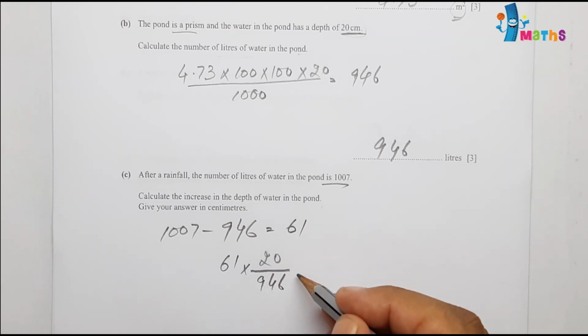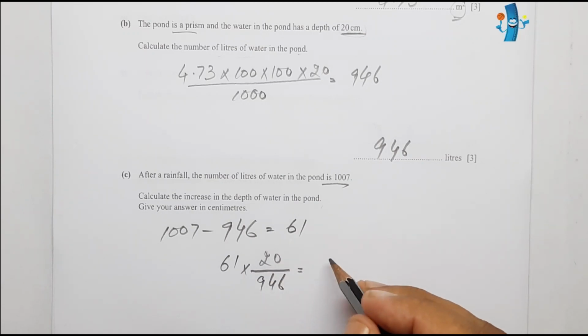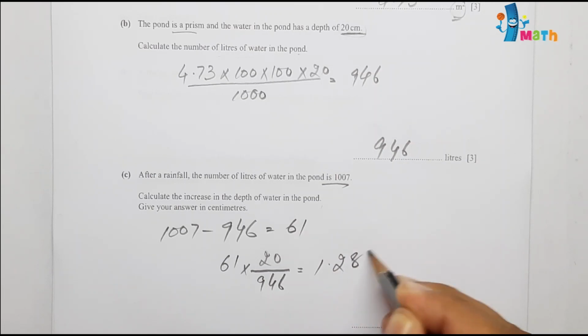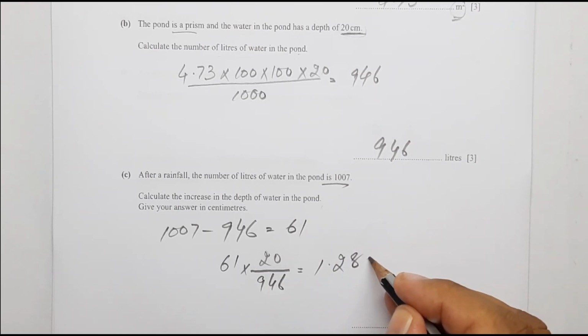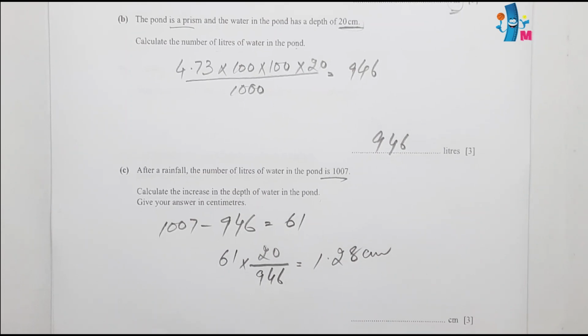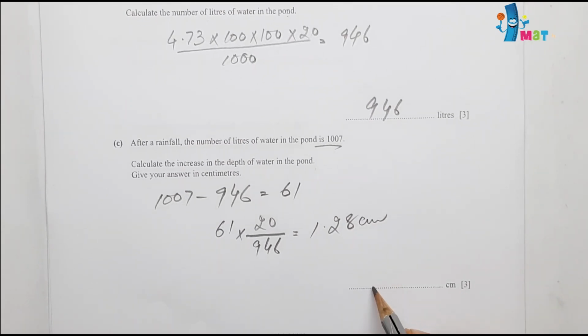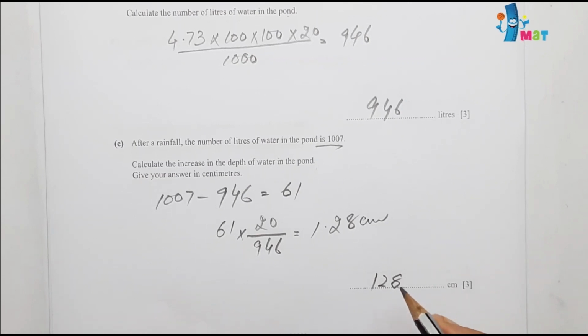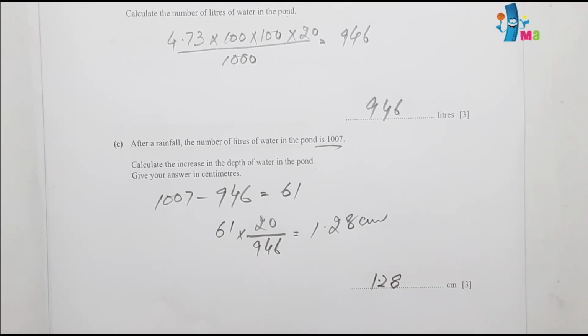So 20 over 946, this will result in 1.28 centimeters. So we can write the answer as 128 centimeters. This is 1.28 centimeters. Sorry, it's not 128, it's 1.28 centimeters.